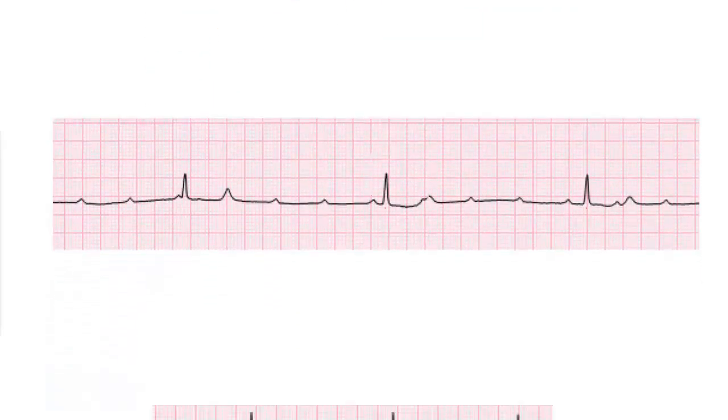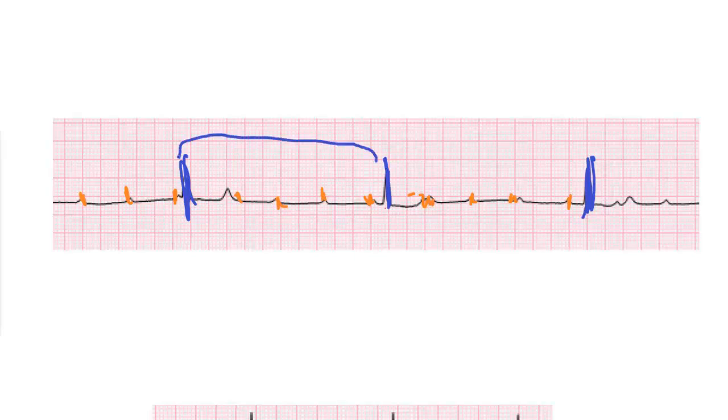What do we have here? So you can see that we have the P waves here, and then we have the QRS. Okay, so the atrial depolarization and ventricular depolarization are completely independent of each other.